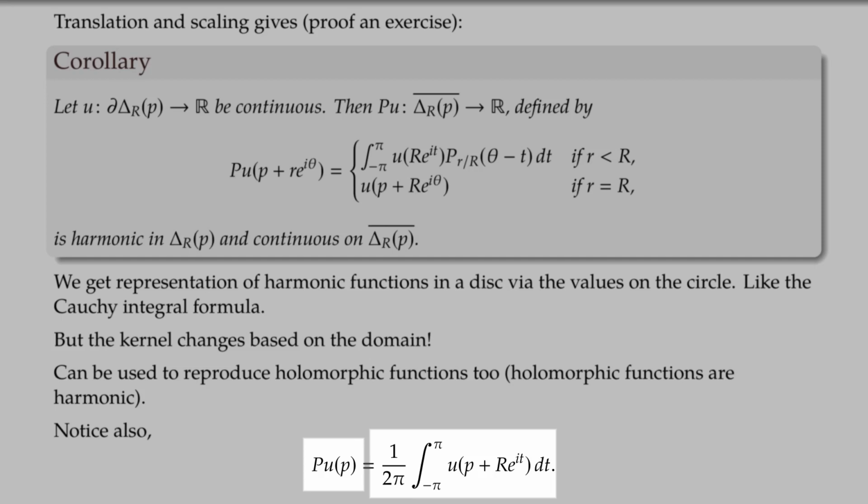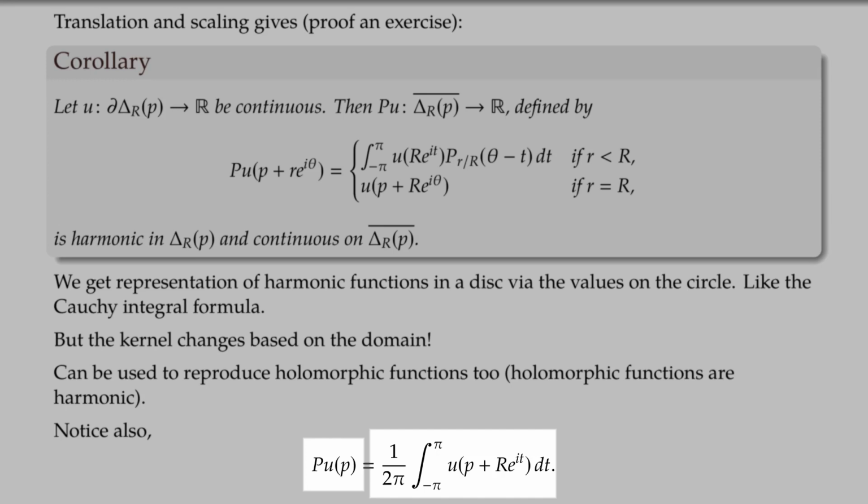Because this just reproduces harmonic functions, this is actually a property of harmonic functions: harmonic functions are equal to their average on a circle, right? That is what we said, I guess, a couple of lectures ago. So we get this mean value property, and we'll see it a little bit more.